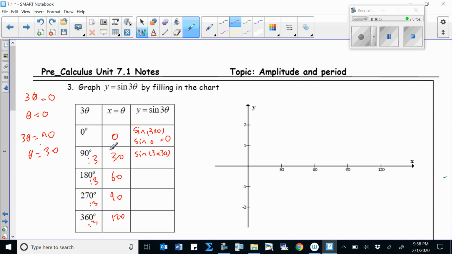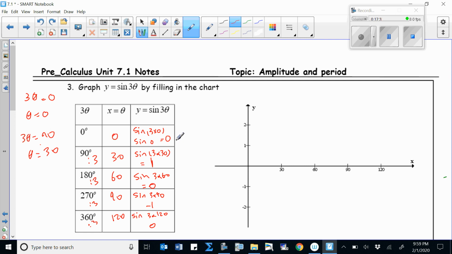So it's sine of 90. Sine of 90 is equal to 1. Next one, sine of 3 times 60, which is 180, and it's equal to 0. Then we have sine of 3 times 90, and that will be negative 1. Then sine of 360, which is 3 times 120, and that is equal to 0.